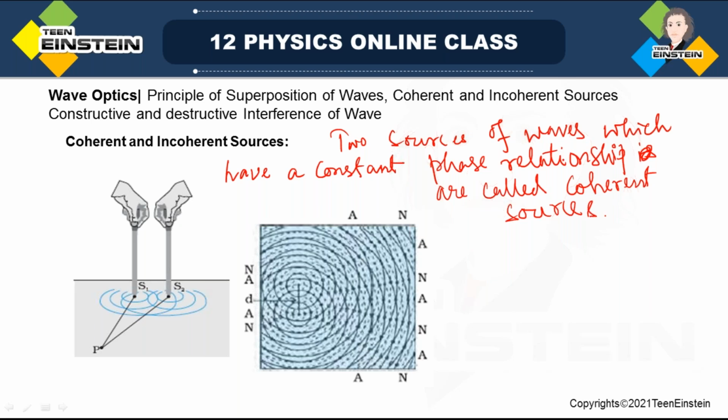Otherwise it is incoherent, otherwise meaning if they don't maintain a constant phase relationship. We'll see it is important to have interference of light or interference of any waves.